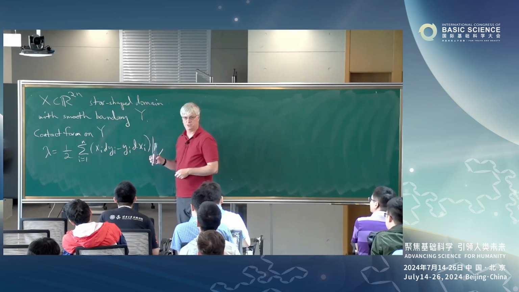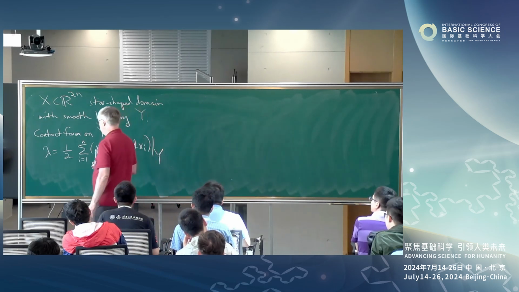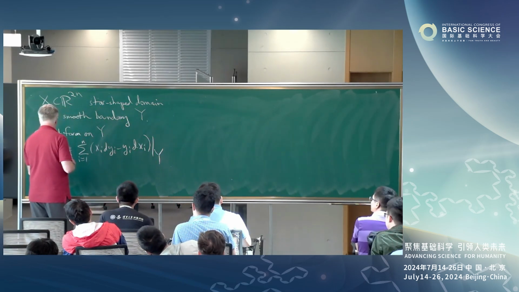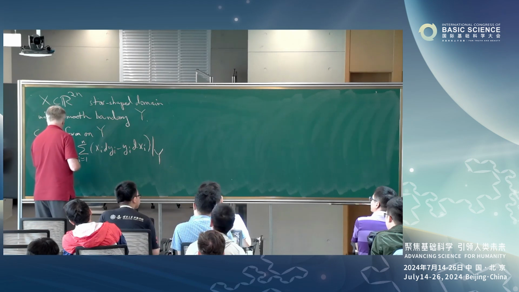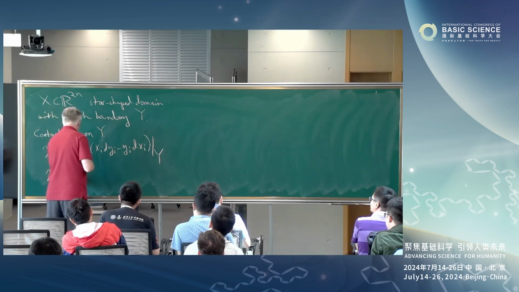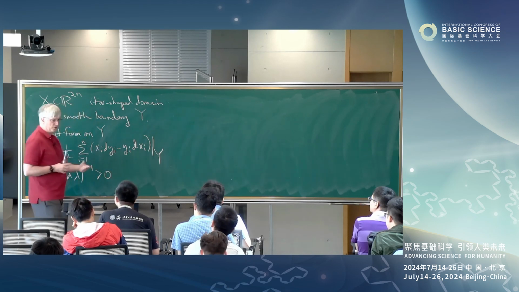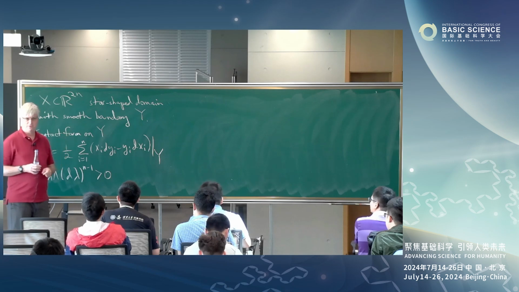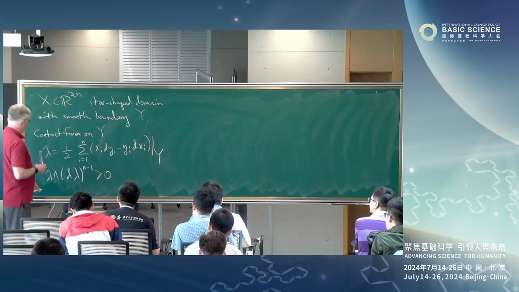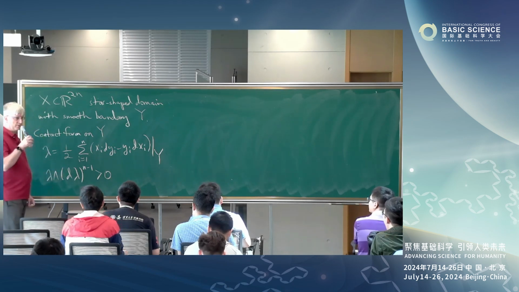The d of it is omega, and you can check that it satisfies the condition that lambda wedge d lambda to the n minus 1 is positive with respect to the orientation on Y given by the boundary of the domain. And this is sort of equivalent to it being star-shaped.